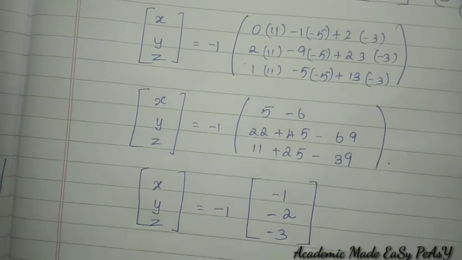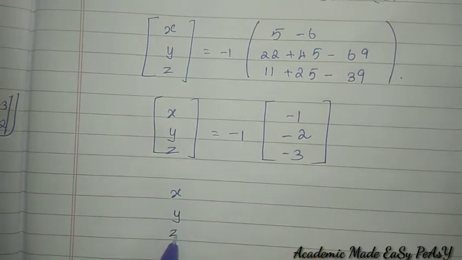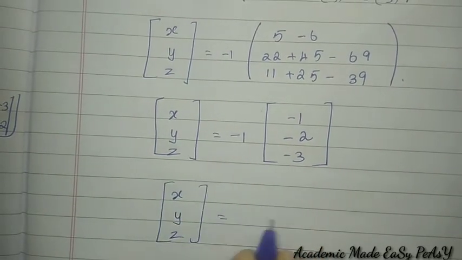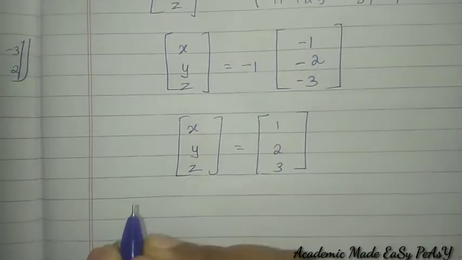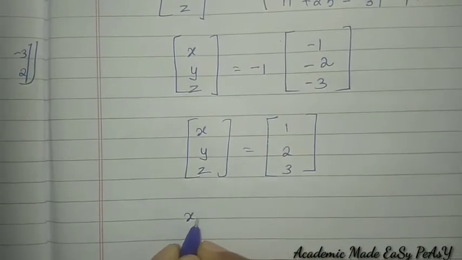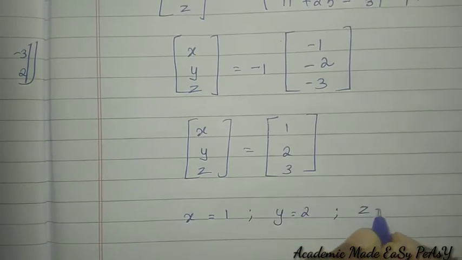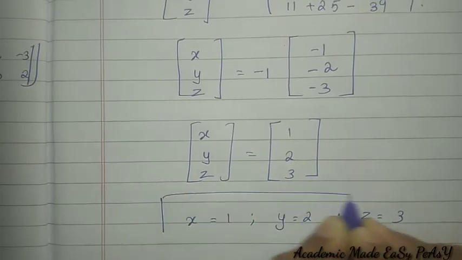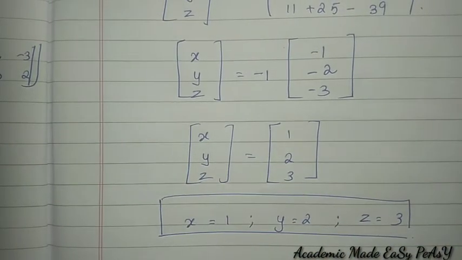So now I will be taking this minus 1 inside the matrix. So x, y, z is equal to 1, 2, 3. So the value of x is equal to 1, y is equal to 2 and z is equal to 3. These are the required solution for this equations.